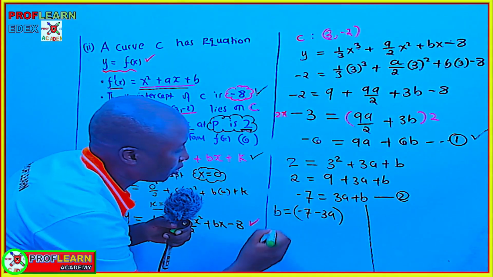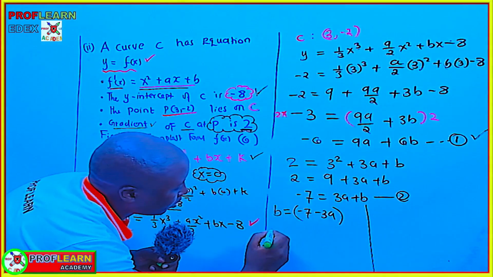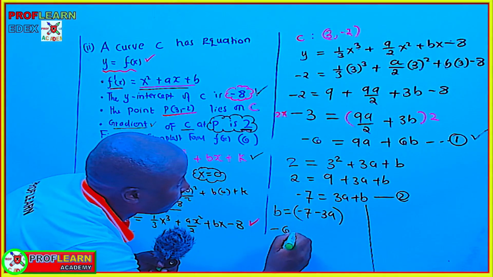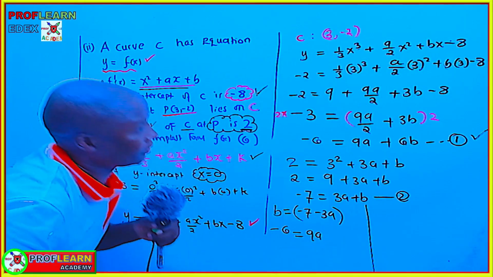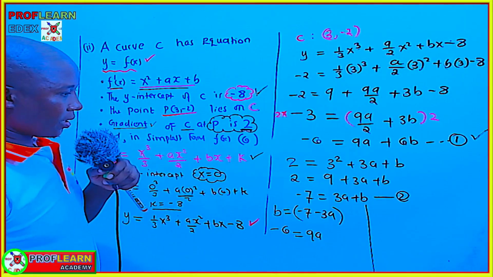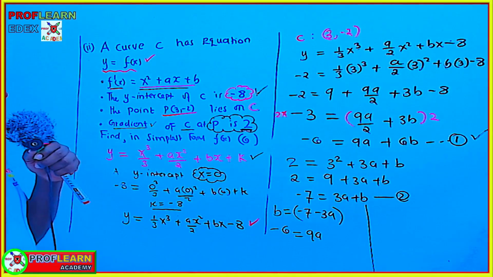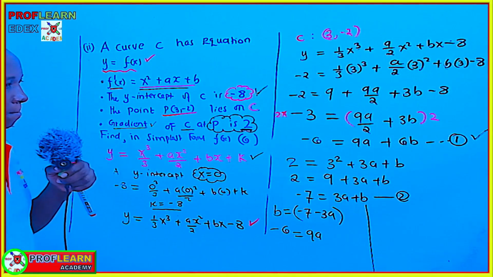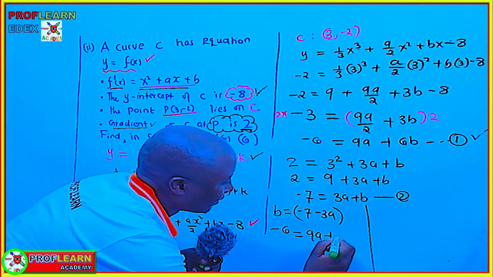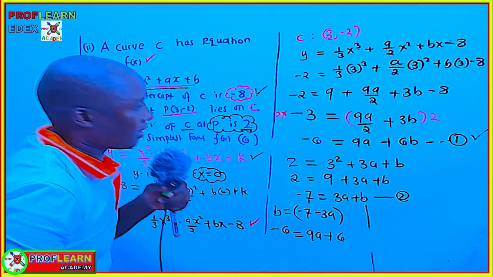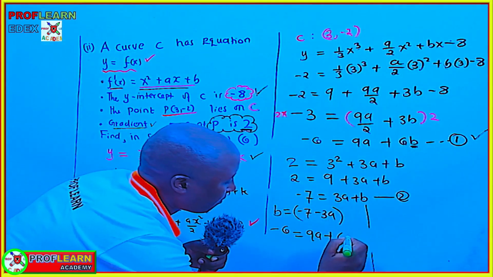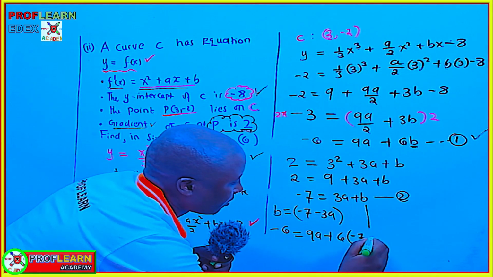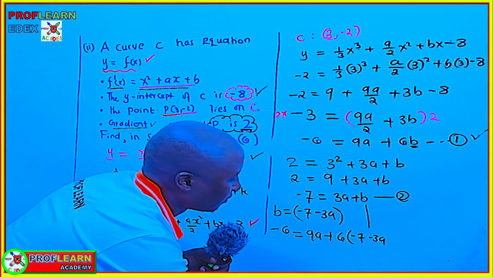So using substitution, this is going to be minus 6 equals 9a plus 6, but instead of b, we are going to substitute minus 7 minus 3a.